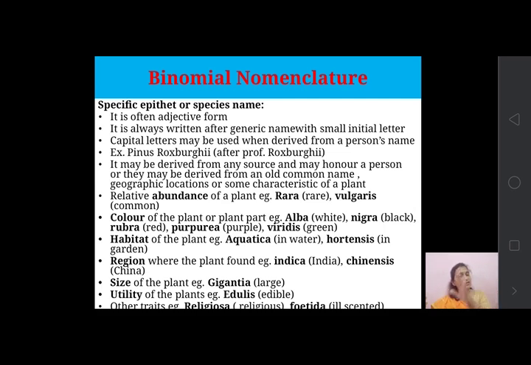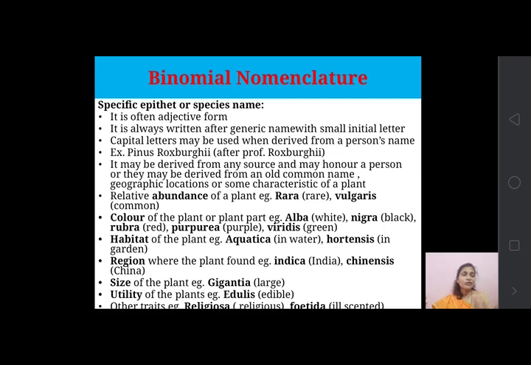For example, Pinus Roxburghii. Roxburgh is the botanist after whom this species name is given to the plant, hence it is written in capital letter. So in that case both the generic name and the species name are initiated with capital letters.